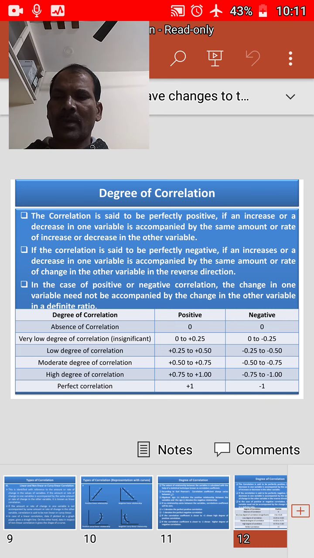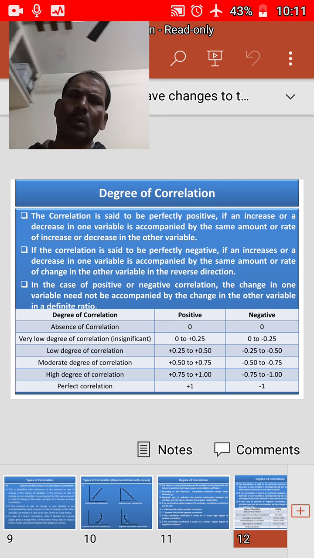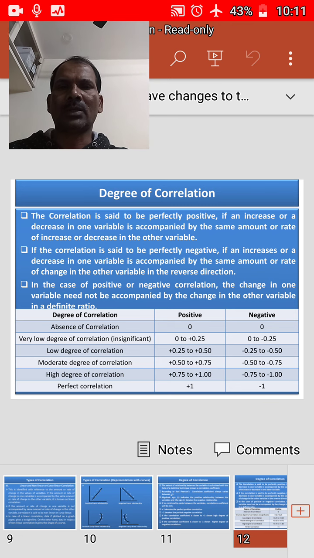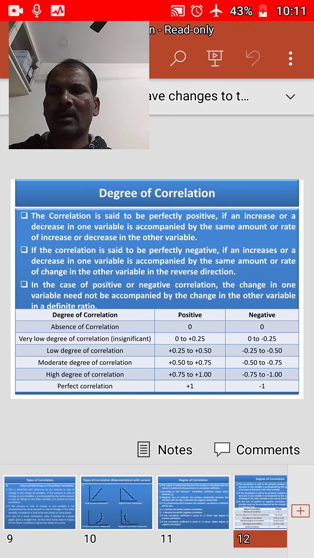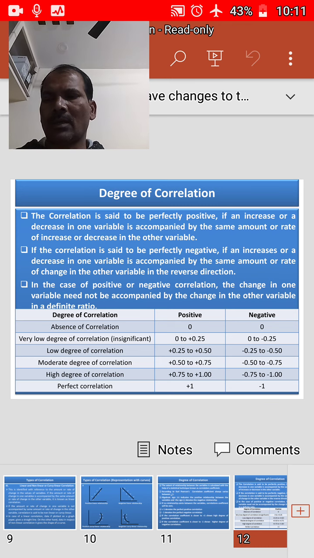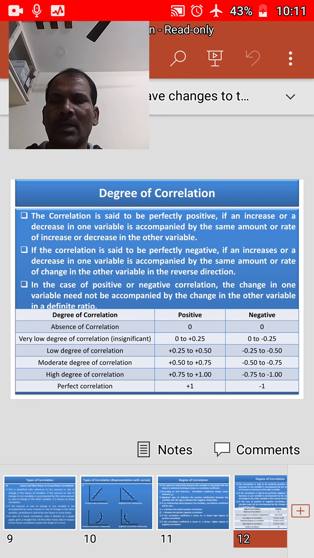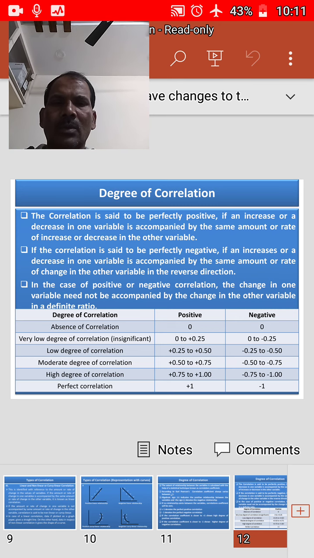In the case of positive or negative correlation, the change in one variable need not be accompanied by a change in the other variable in a definite ratio. There is no hard and fast rule that a change in one variable should cause a change in the other variable, right? Of course, an approximate degree of correlation between the variables can be given in table form. If you see the PPT, you will come to know the degrees of correlation.